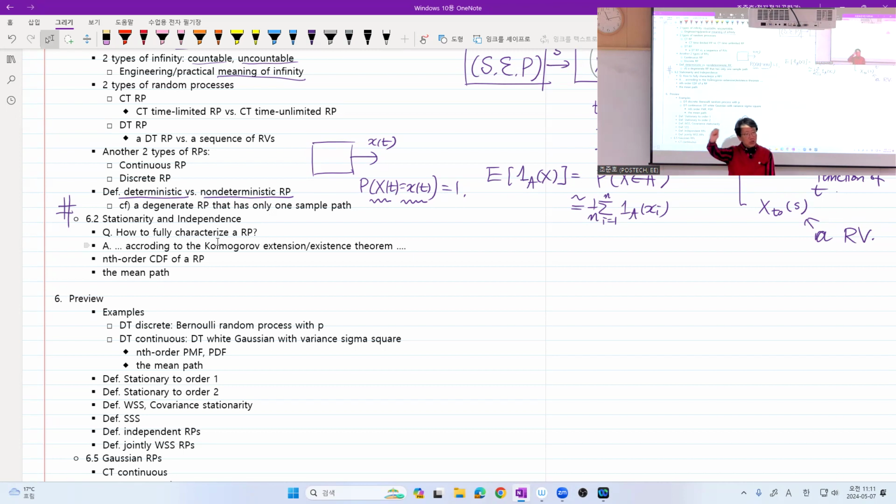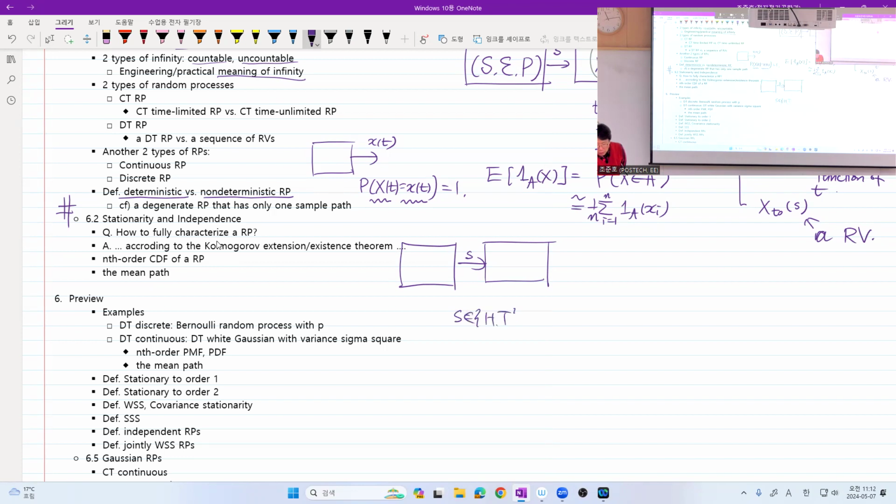So for each sample path, what is the probability for it to be the output? And there was the simplest example like this. Here, we had S is either heads or tails with probability P and 1 minus P, or at that time I remember 1/3 and 2/3, something like that.